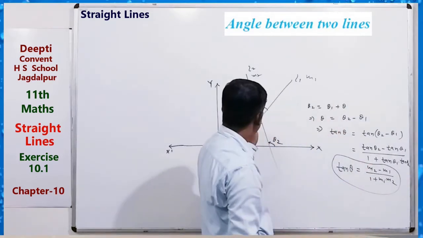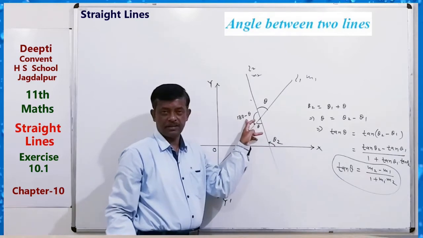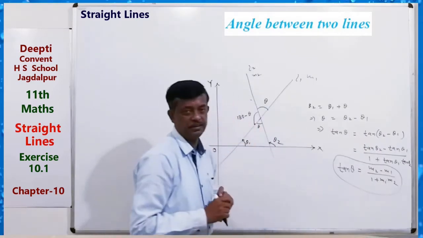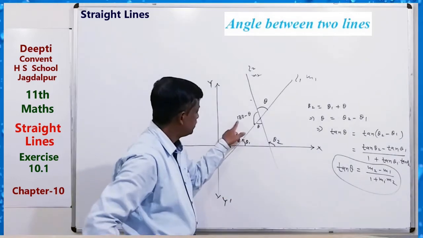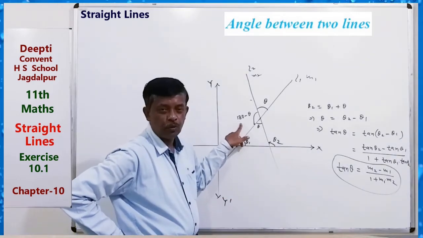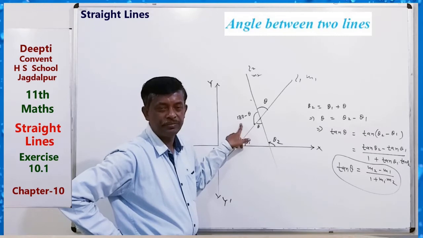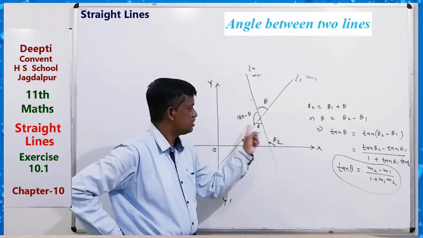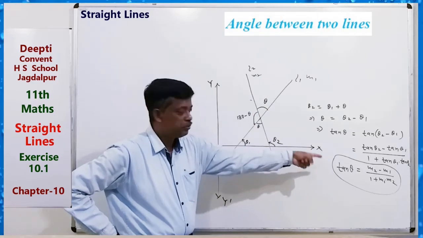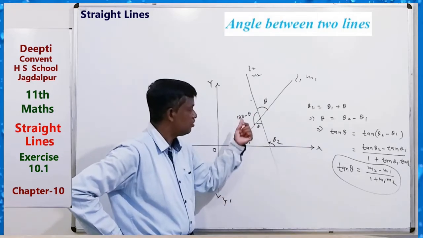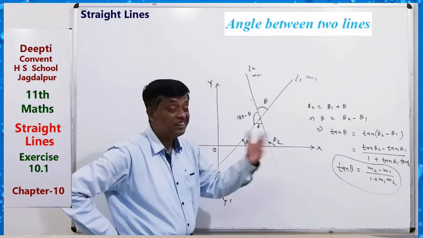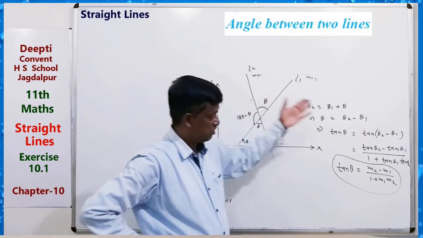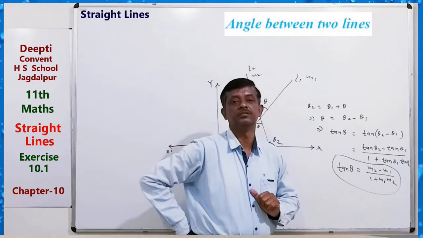And this angle can be found by taking the negative sign, because tan 180 minus theta means second quadrant. So tan 180 minus theta equals minus tan theta. So for getting this angle, we have to take the negative sign.